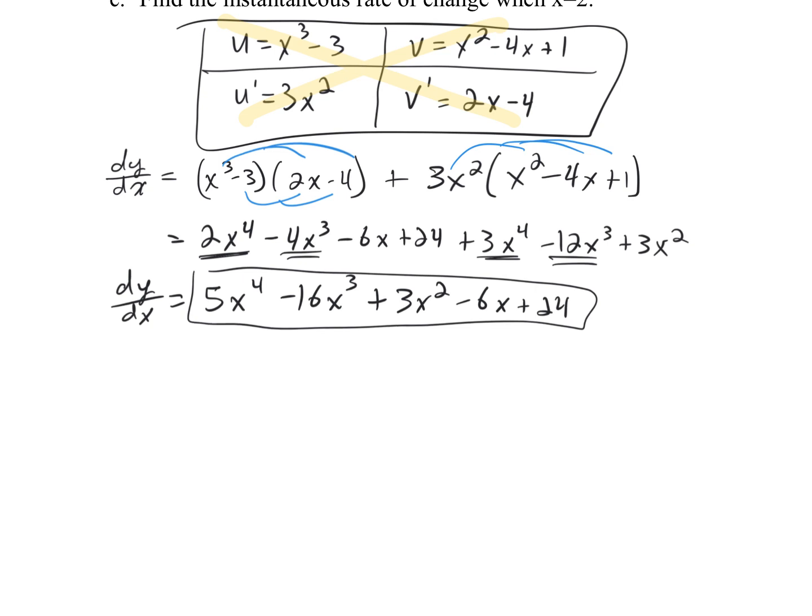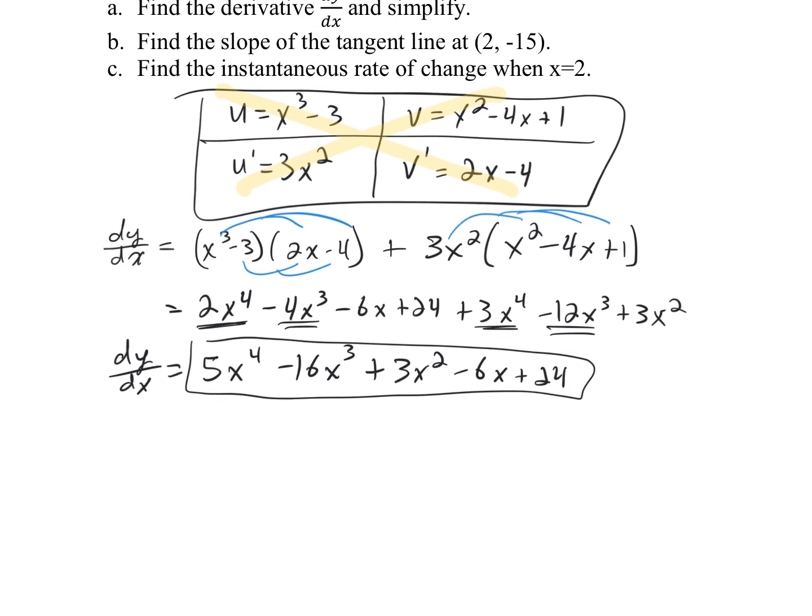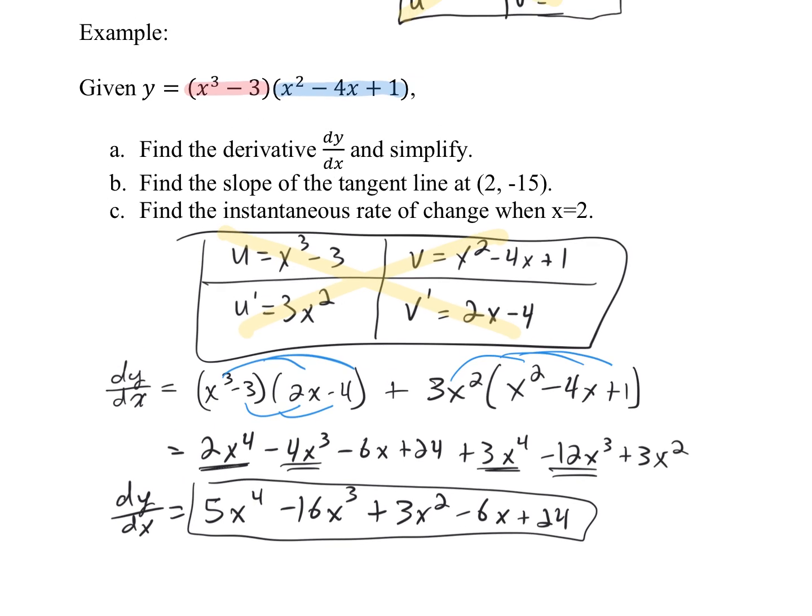Now, I want to point out there were other methods that we could have used to compute this derivative. So from the beginning, we noticed that we really have two separate functions being multiplied to each other. If you wanted to actually multiply the initial problem out, you could distribute the x cubed into parentheses, distribute negative 3 into parentheses. You'll have 6 terms, then combine all of your like terms.